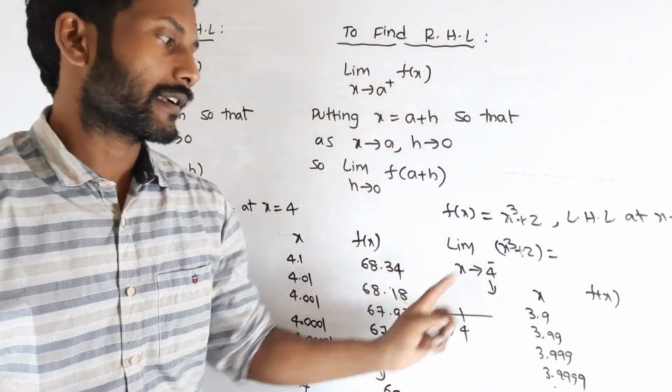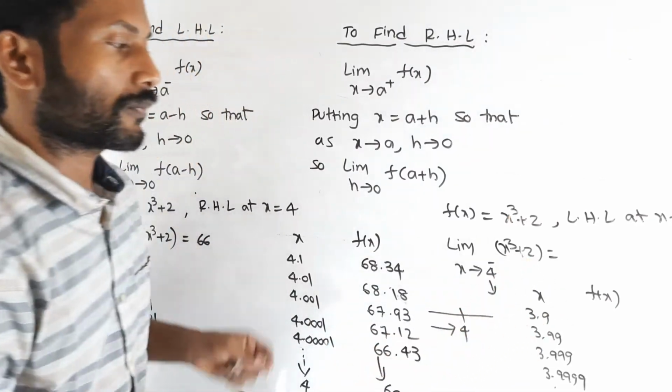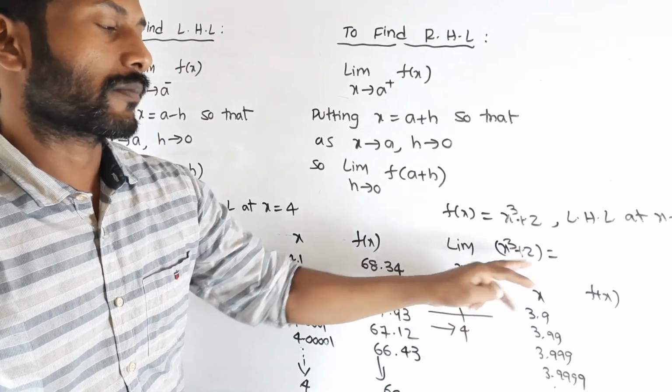Left hand side or right hand side? From the left hand side. Now f of x is x cube plus 2. Here x is closer to 4, 4 cube is 64 plus 2, 66.